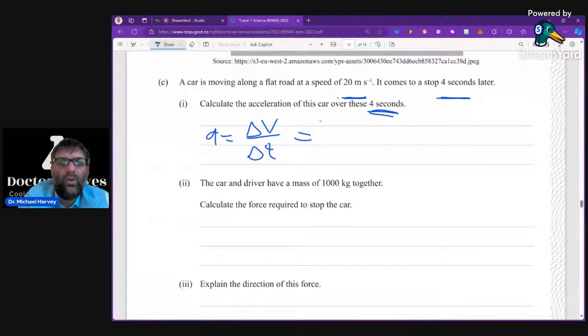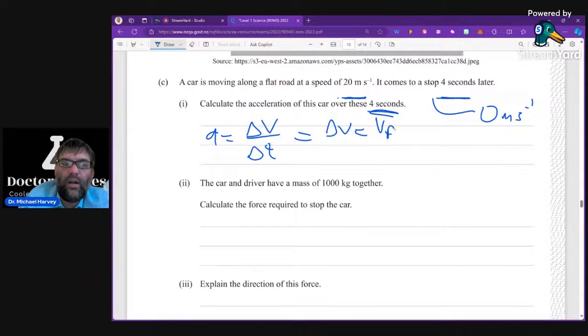We're told the change in velocity is going to be, well, when it comes to a stop, that means it's going to be 0 meters per second. Okay, it's stopping. So it'll be 20 minus, oh, actually, no, it's not, because it's a little trick. Change in velocity equals the velocity final minus the velocity initial.